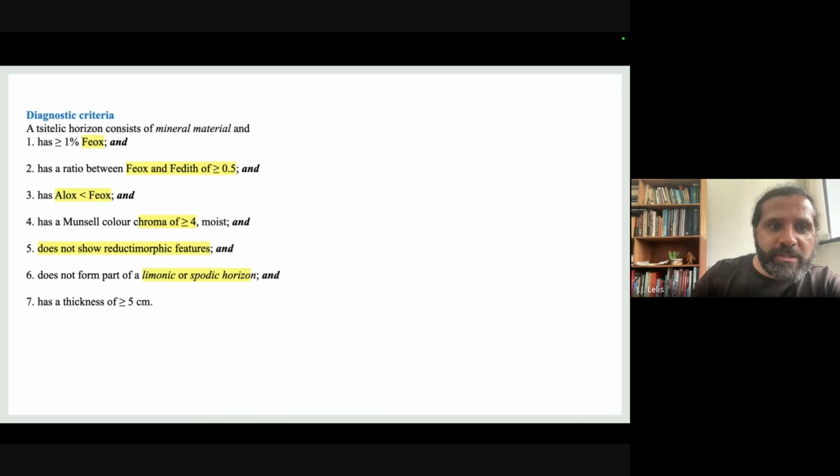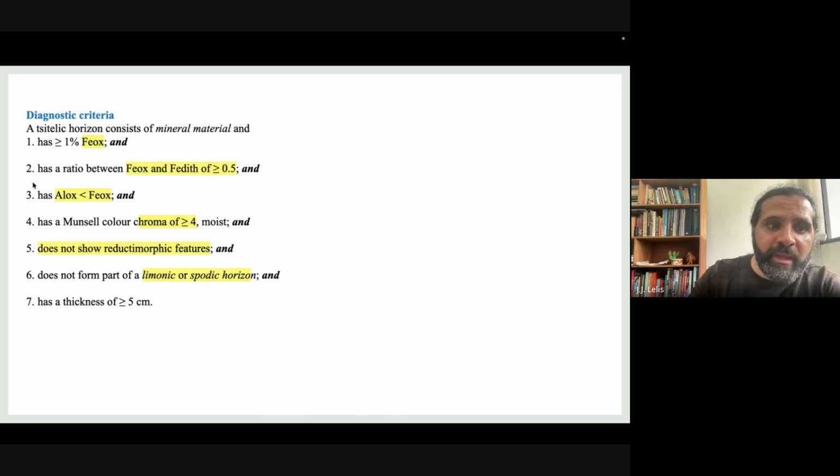Okay. So the criteria to identify a stellic horizon is that you need to register a high content of iron associated with low crystalline minerals, so at least 1% of iron extracted by ammonium oxalate. When I divide the content of iron extracted by ammonium oxalate by the iron extracted by dithionite, the ratio should be 0.5 or higher.